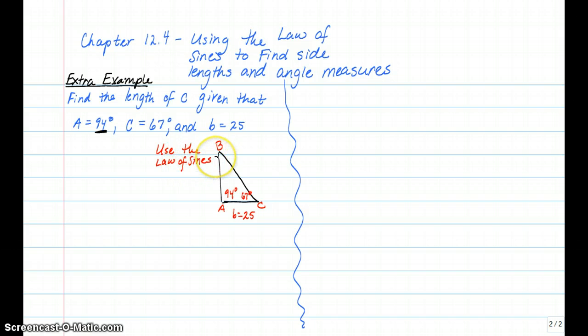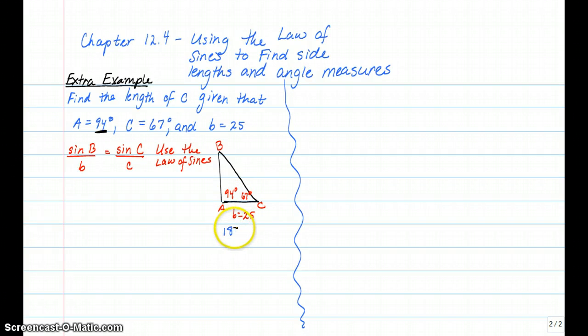And the law of sines just says if you take sine B divided by B, you can set it equal, or it is proportional to, and you know you're trying to find lowercase c, that's the length of side C. Your angle C is 67 degrees, so sine C over C. And in order to find out what B is, because we will need that information, we would go 94 plus 67, which is 161.